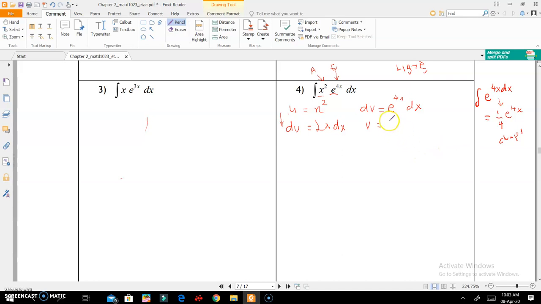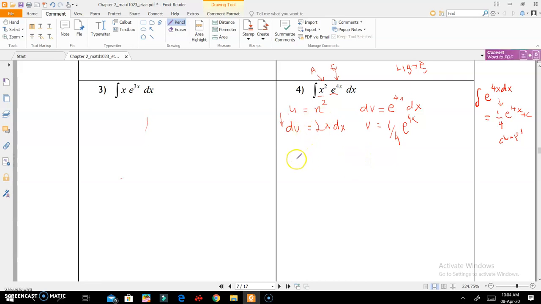So you are going to get 1 over 4 e to the power of 4x plus c. We are supposed to get the plus c, but since we are at the starting point, there is no need to write the plus c from the beginning.